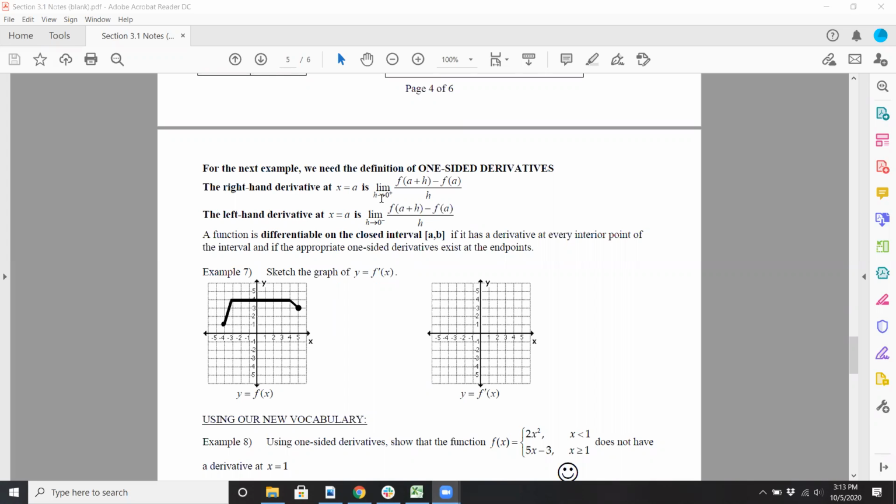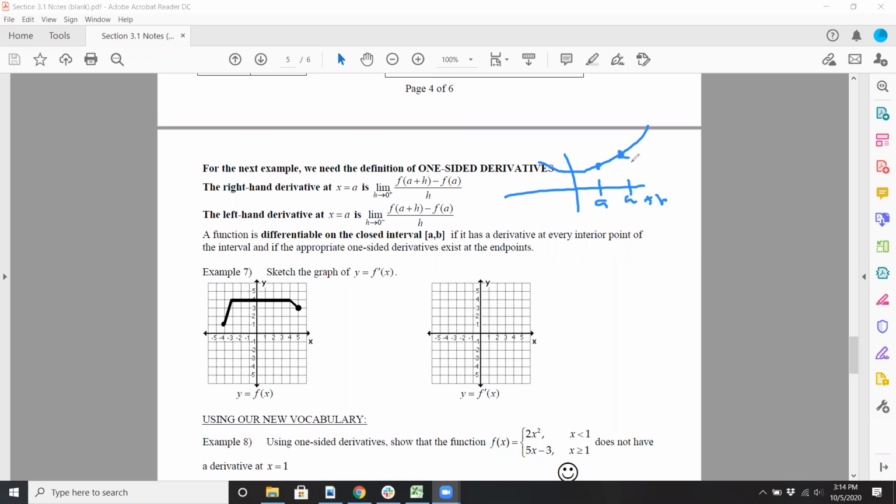Now there's something called a right-hand derivative. Remember, we had the limit definition of derivative right here, which we've talked about already in section 2.4. And of course, beginning of this section. But this is when h is approaching 0 from the right. So remember, here's A, here's some funky curve, here's A plus h.